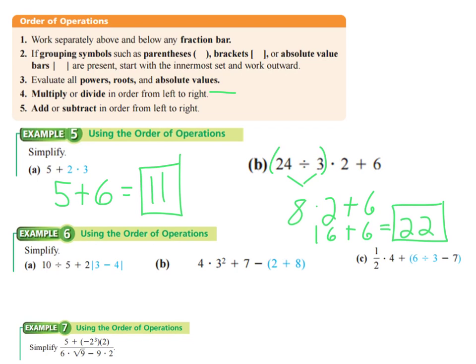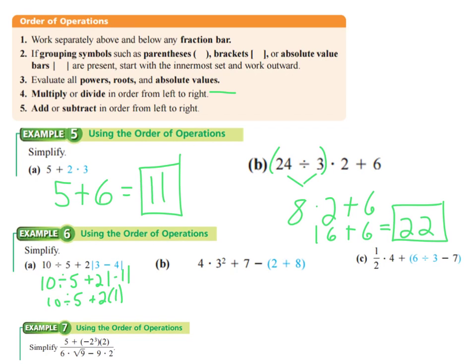And then moving down to the next example, notice we have that absolute value symbol. So that works just like other grouping symbols like parentheses or brackets. So we do that first. So we would be looking at having the 10 divided by 5 plus the 2, and then the absolute value of negative 1, which would be, of course, a positive 1.